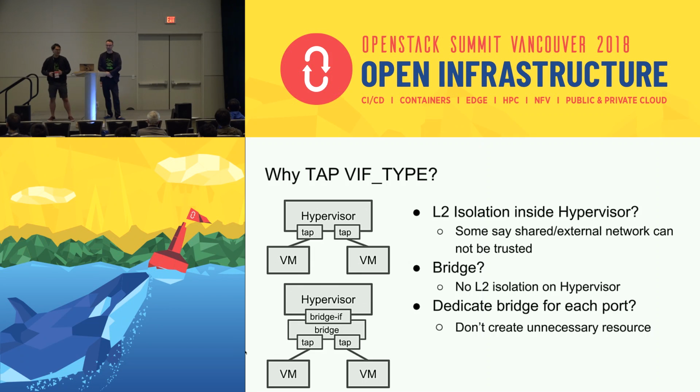So I mentioned we use the tap VIF type, but why? Actually, we got questions related to this choice very often, so let me clarify. The first question one may have is why do we need L2 isolation inside the hypervisor when we could assume the L2 network is already isolated between hypervisors by data center network design?